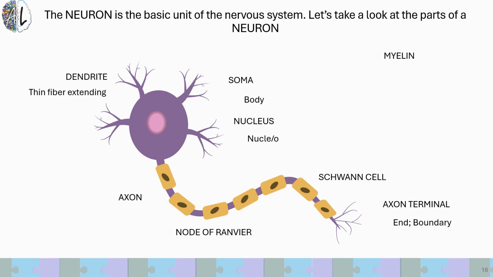Their components as they wrap around from top to bottom around the axon is referred to as myelin. Myelo, if you look at your word list, refers to the spinal cord. And that's really just because the neurons are what make up your spinal cord and your brain in different portions.